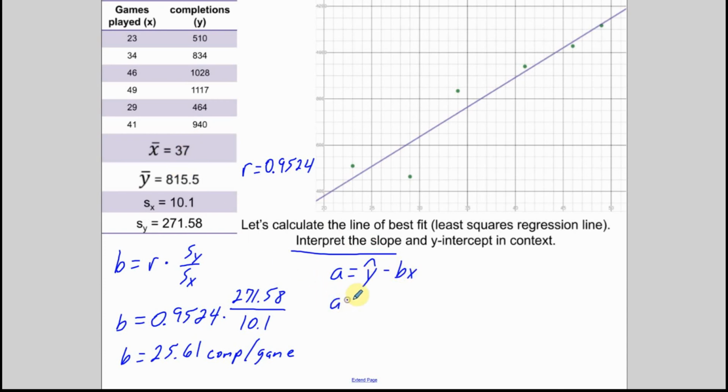So we're going to have a equals, for y hat, we're going to put y bar, the mean of the y's, minus b, our slope, times the mean of the x's, and that's going to be 37.